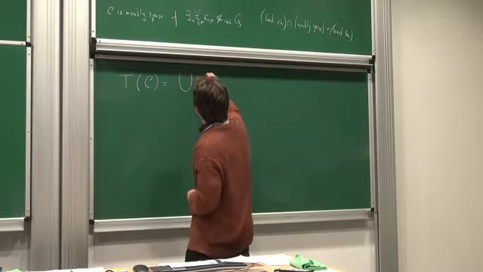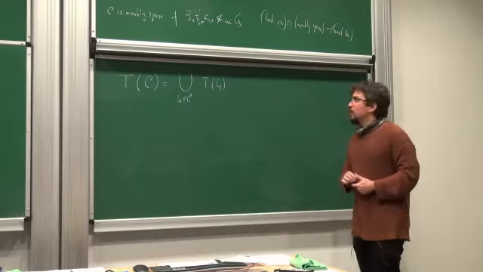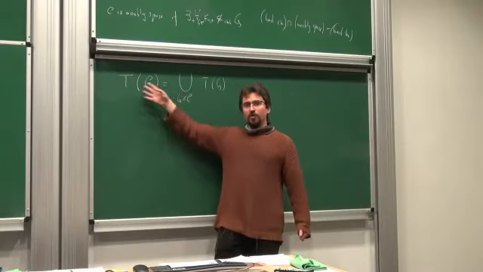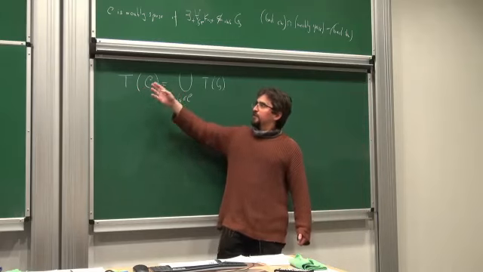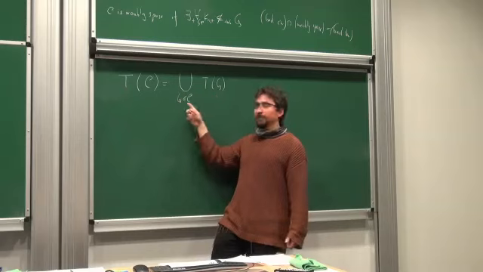So this is the union of T of G for every G in my class. You can think about it as: T of C are all graphs that are encodable using this fixed mechanism T in colored graphs from C.